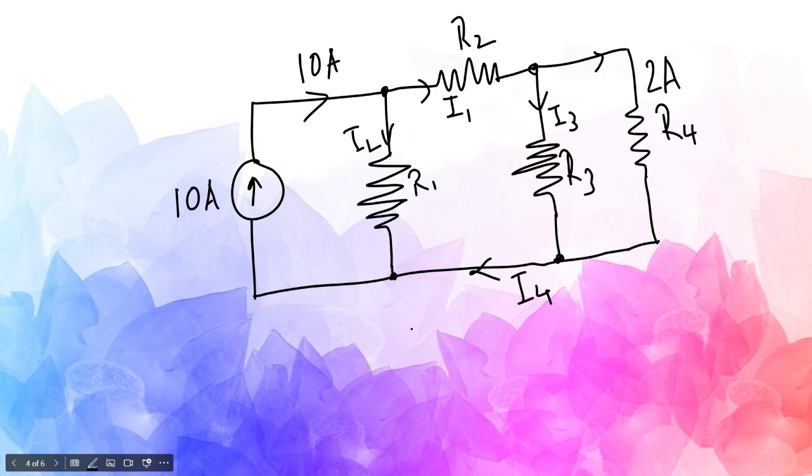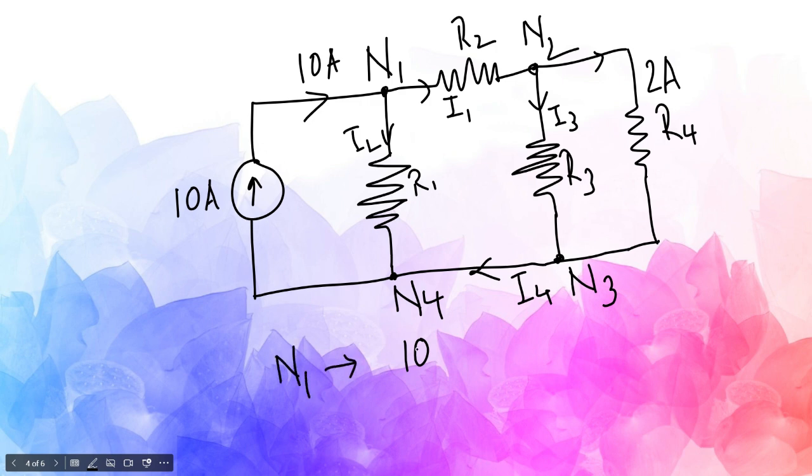We can create some equations using Kirchhoff's current law. Let's say this is node 1, this is node 2, this is node 3, and this is node 4.